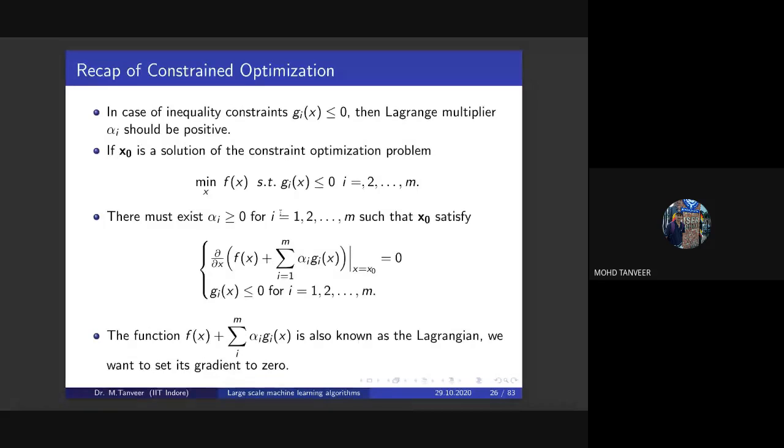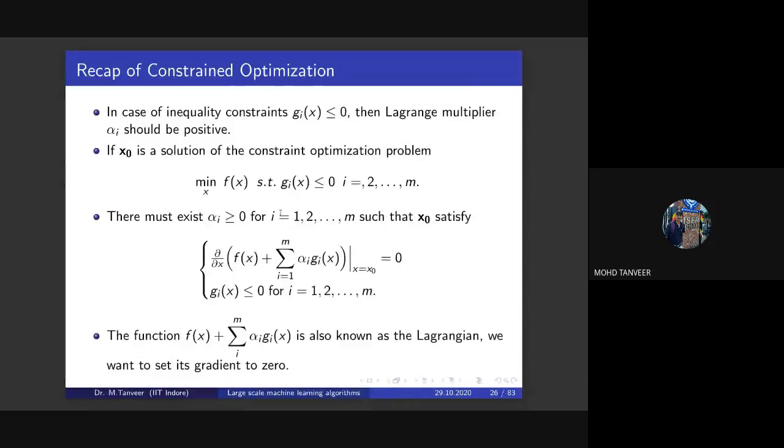We just take the partial derivative of this, and the constraints are gi(x) less than or equal to 0. Here f(x) plus summation alpha i gi(x) is usually called the Lagrangian function. Then we set the gradient to 0 and take the partial derivative with respect to w, b, whatever is given in the Lagrangian function.